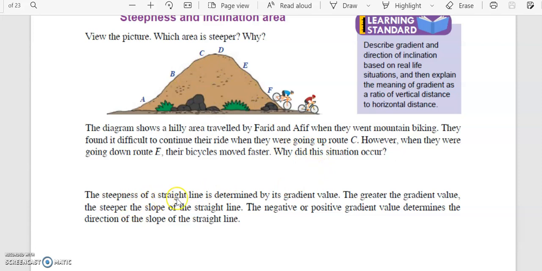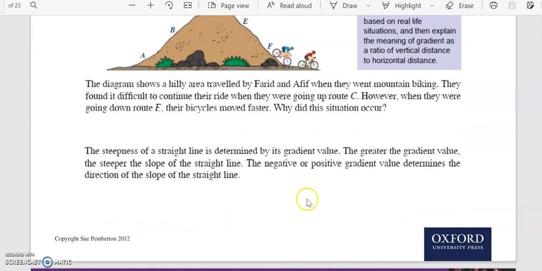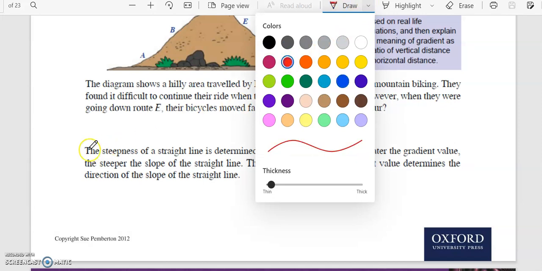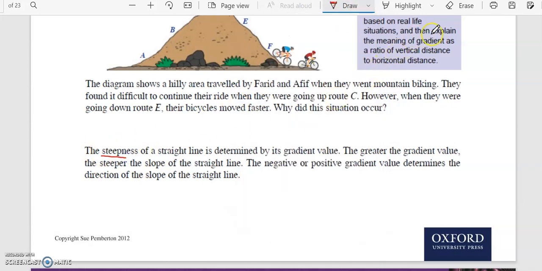Okay, the steepness of a straight line is determined by its gradient value. The greater the gradient value, the steeper the slope of the straight line. The negative or positive gradient values determine the direction of the slope of the straight line. So untuk topik ni, you kena tahu what does it mean by steepness, and then inclination, and then gradient, and then the slope.